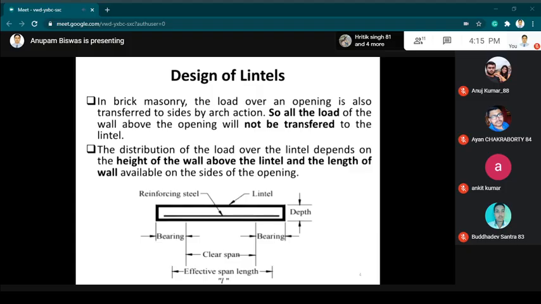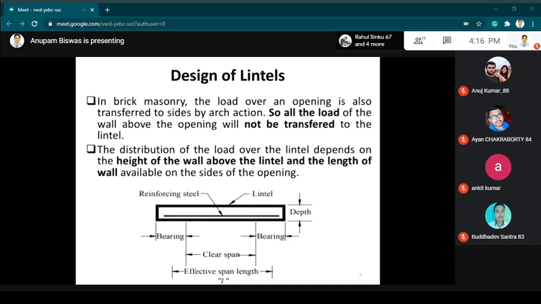If you see the diagram, it shows the reinforced concrete lintel beam, and there will be bearing. Bearing means the portion of the wall on which the lintel rests. The overall depth of the lintel will be known.